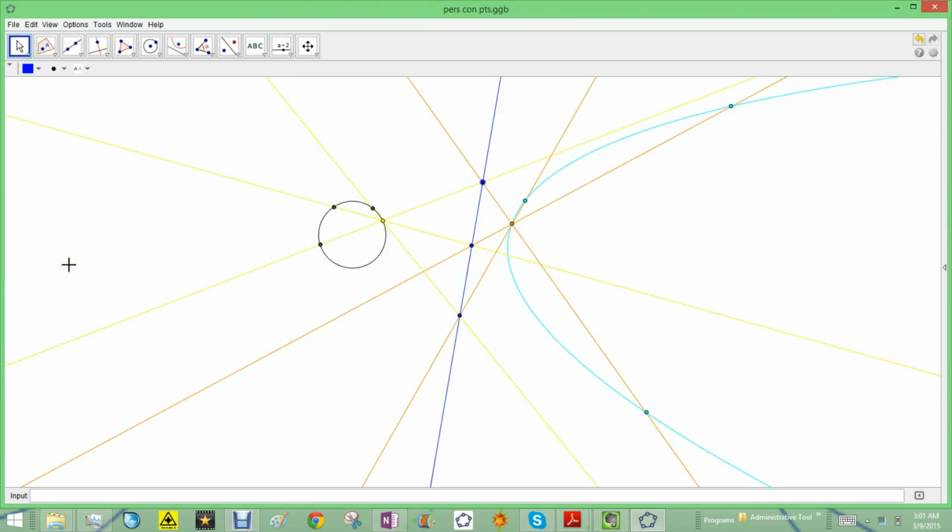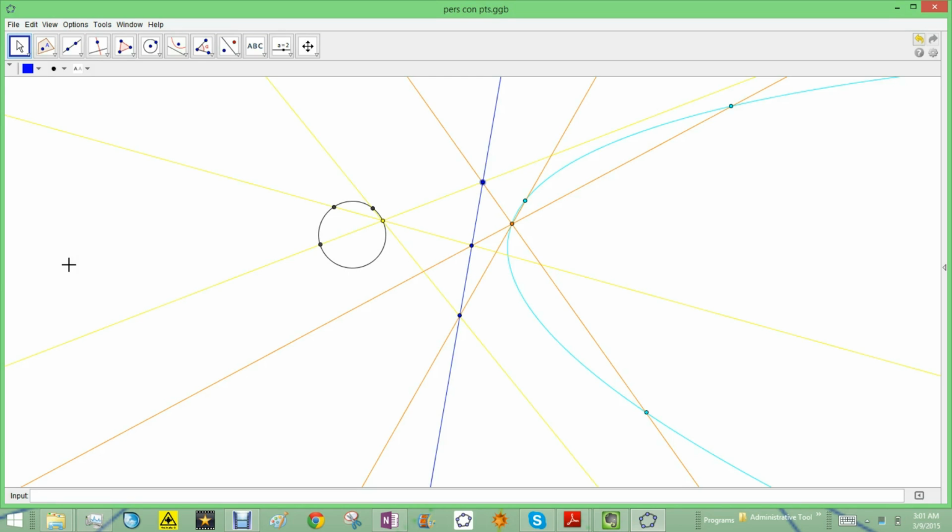The idea of projection is really quite trivial. A projection is nothing more than a sequence of perspectivities. So here we have a projection from the range of this circle to the range of this parabola. So let's see how this works exactly.